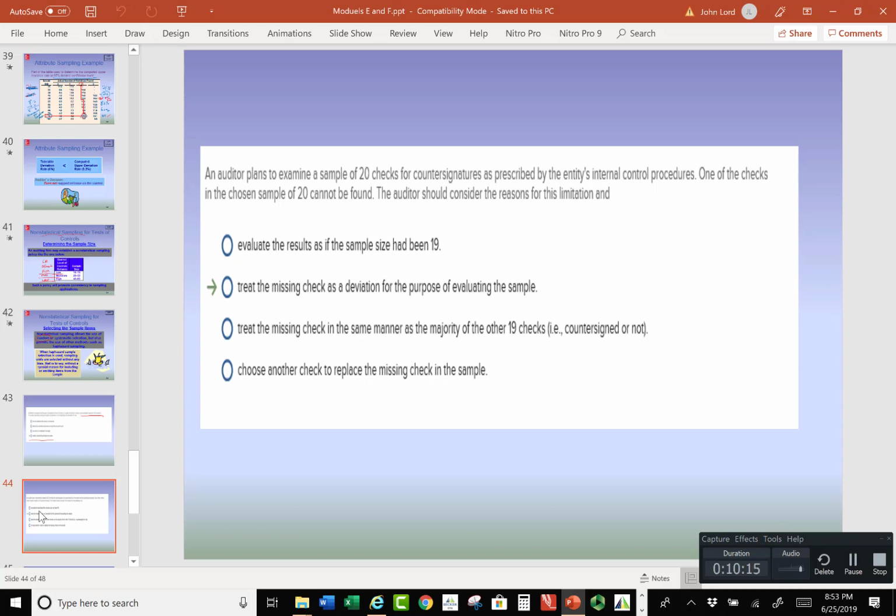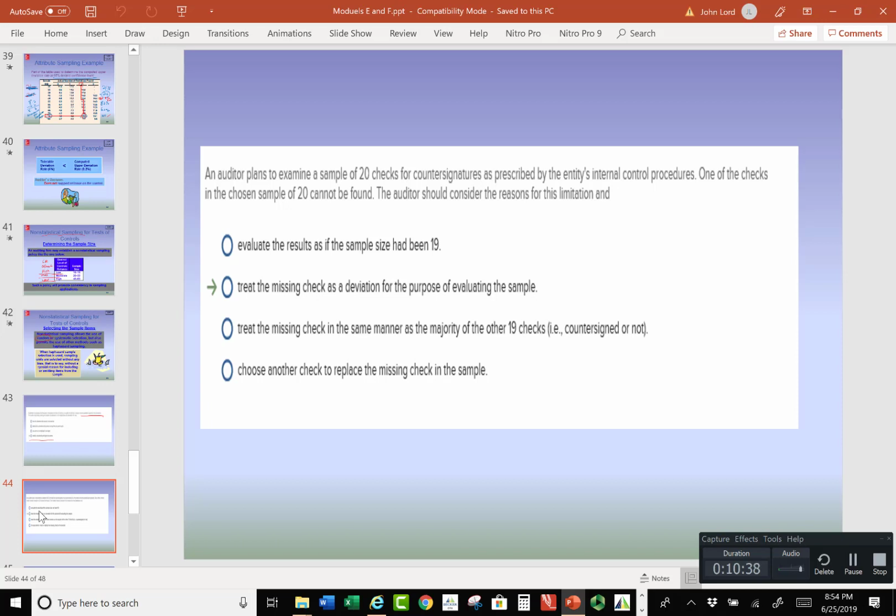Look, if you are testing a certain control to see if it has operating effectiveness and you can't find the document, they're going to say, hey, Charlie, where's check number 473? Oh, I don't know. Well, it didn't have the countersignature, then. Sorry, you've got to see it to believe it, right?